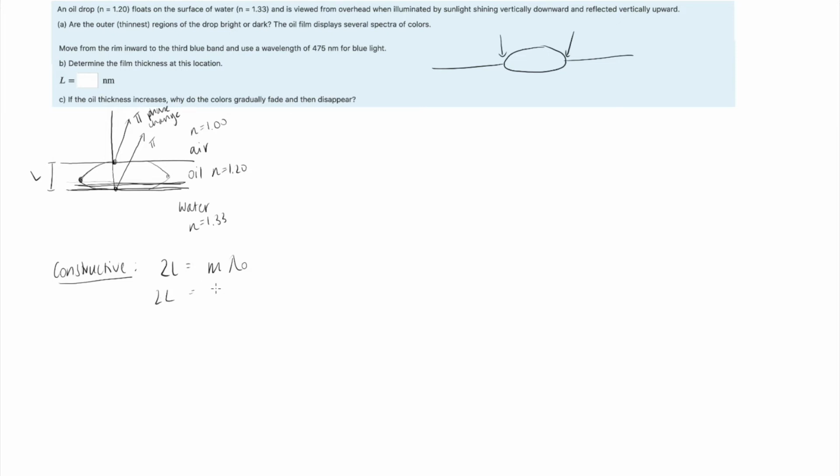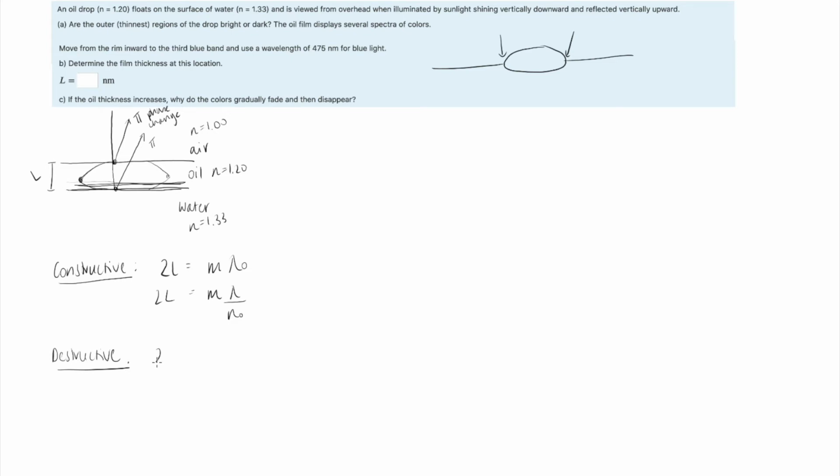And so therefore 2L is going to be m lambda divided by n_o, where lambda is the wavelength of light in a vacuum or in air. Okay. So that's fine. We've got two phase changes. That makes sense.